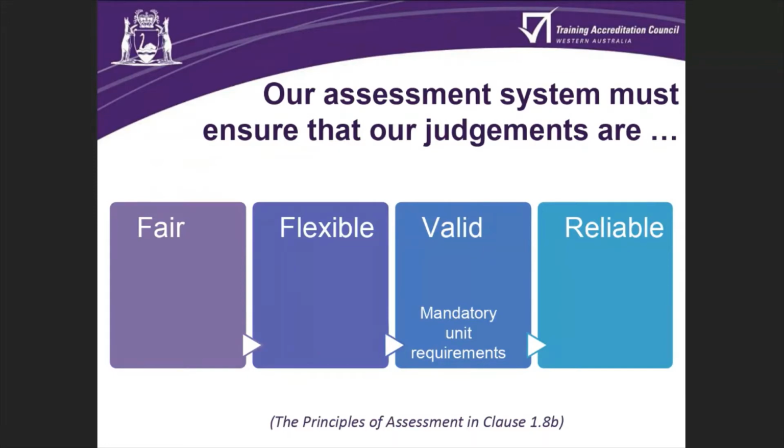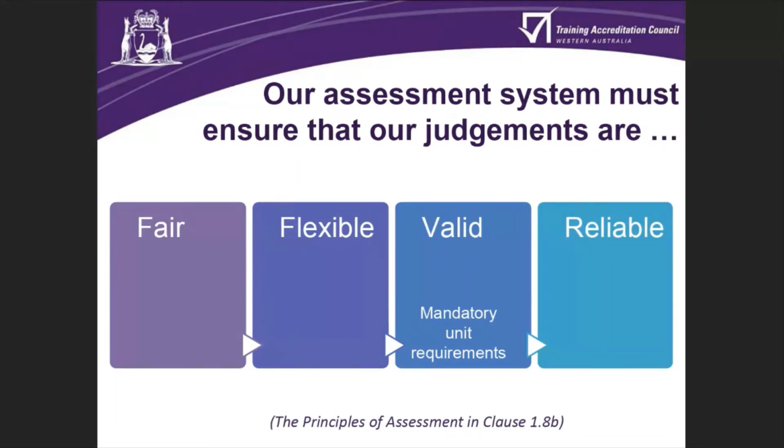The first thing, in terms of judgments, is that we must have a system which promotes fairness. That is, it is responsive to the individual's needs and understands the circumstances under which students are learning, and can adjust for that, such as making sure students are aware of and fully informed about how they're going to be assessed.